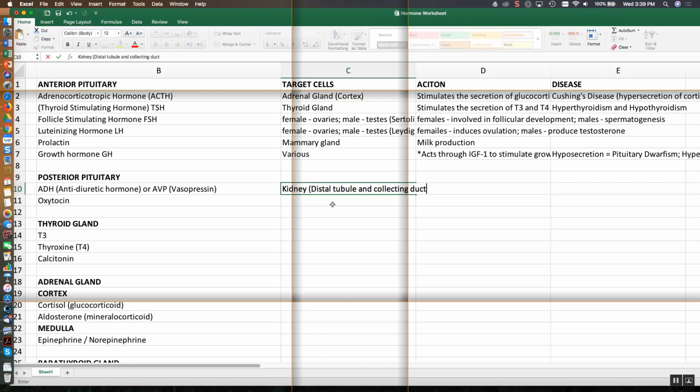What's its action? Stimulates the reabsorption of water due to the insertion of aquaporin channels, water channels.